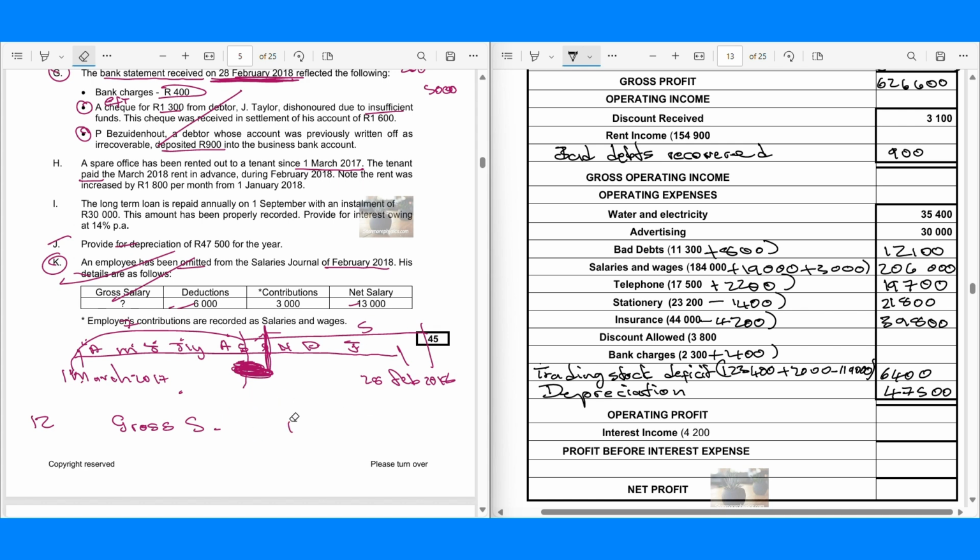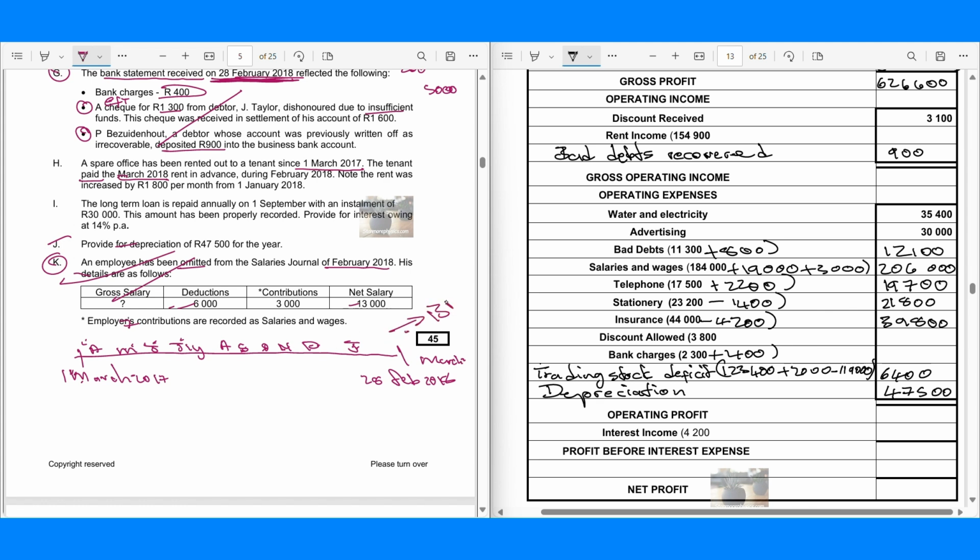This is what is happening, because from 1 March 2017 until the end of the year is 12 months. But as you can hear, the tenant paid the rent for March, which is income received in advance. This is deferred income.